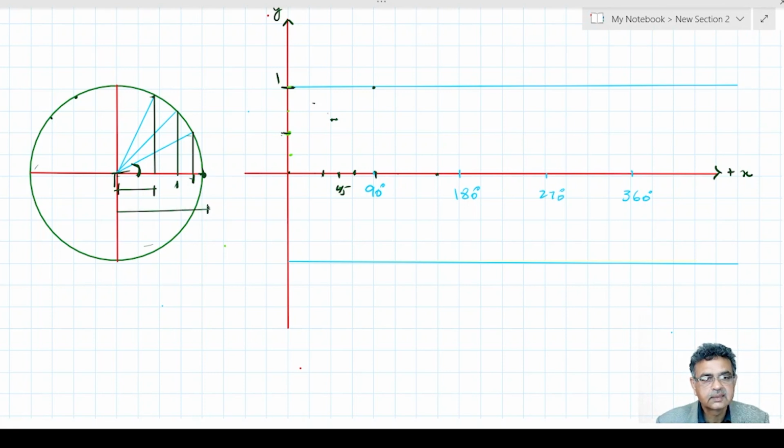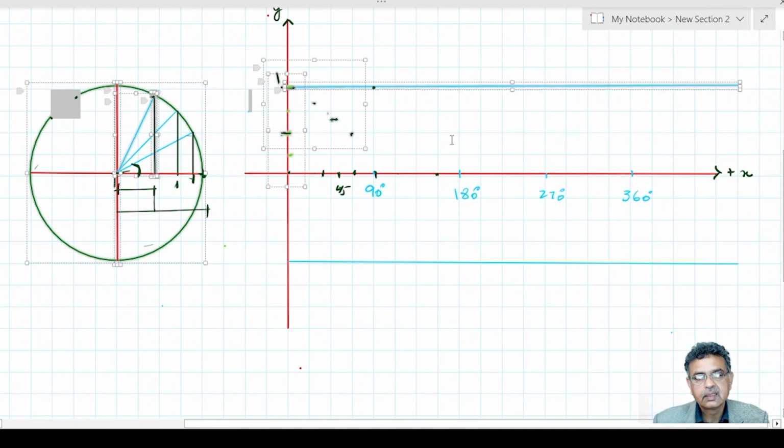Total distance is this much, that is the radius. This is exactly half of that distance. So at 60 degrees, it will be somewhere over here. So we have considered only these 3 points. Joining all these 3 points, we obtain a smooth curve here.